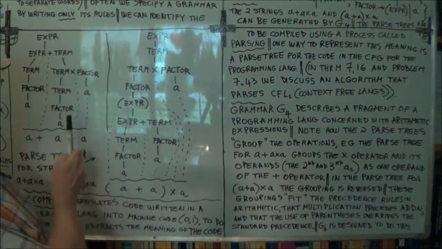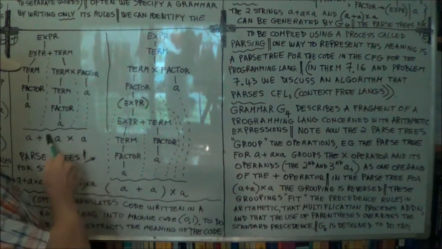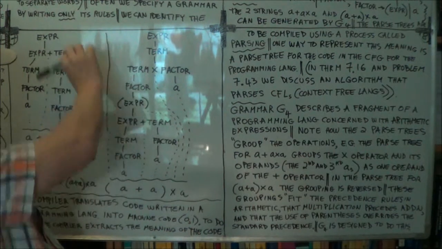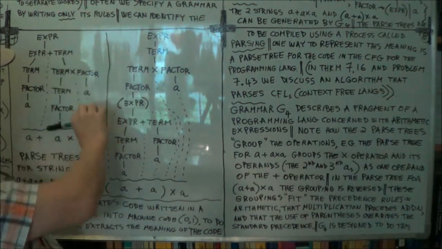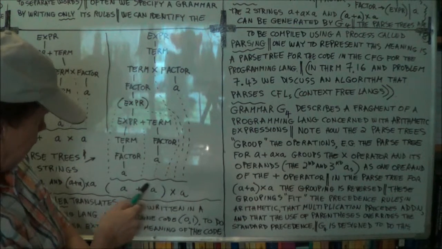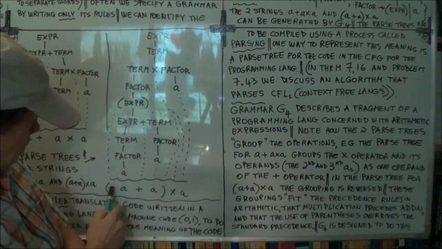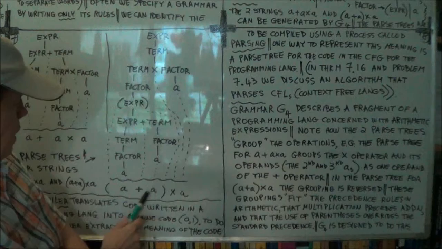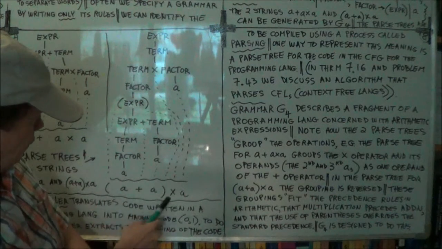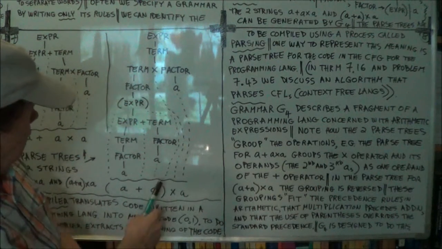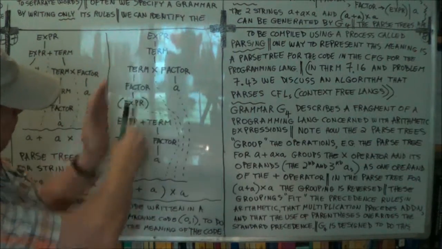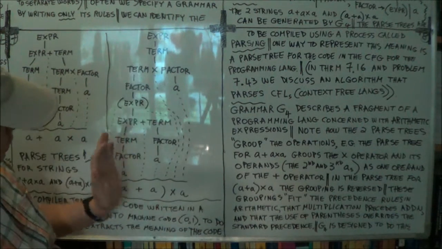For example, these 3 symbols got grouped on the right-hand branch of the tree, and these 5 symbols, the 2 parentheses, the A's and the plus, got grouped and took the left branch of the parse tree.